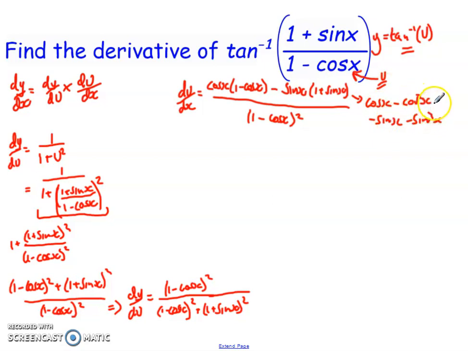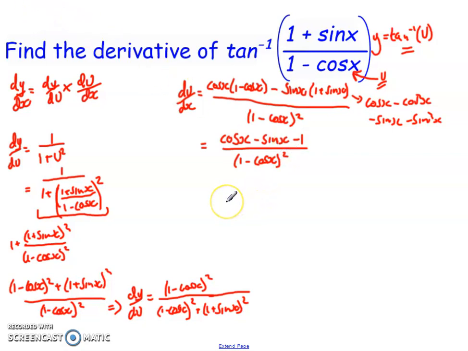Well, I know cos squared plus sin squared is 1. If I take out the common factor of negative 1, I get negative 1 times (cos squared plus sin squared), which becomes 1. So I can simplify it down and write it as cos x minus sin x minus 1 all over (1 minus cos x) all squared.